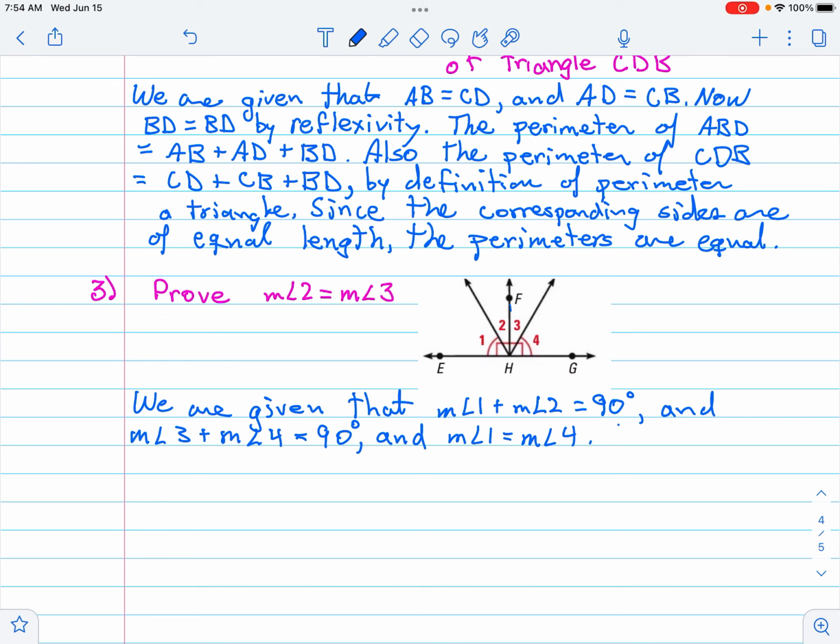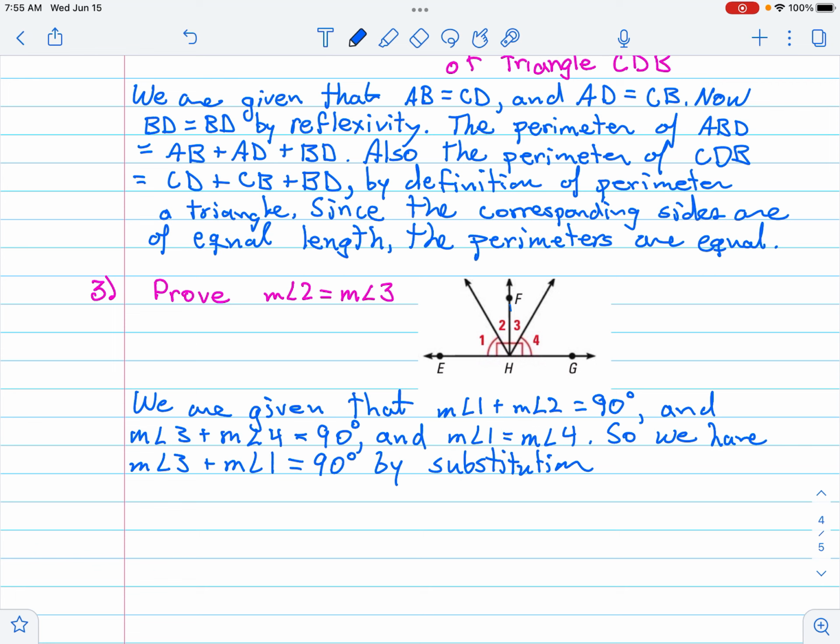So here we go. We have that the measure of angle 3 plus the measure of angle 1 is equal to 90 by substitution. Because the measure of angle 1 equals the measure of angle 4, I just replace the measure of angle 4 with the measure of angle 1.